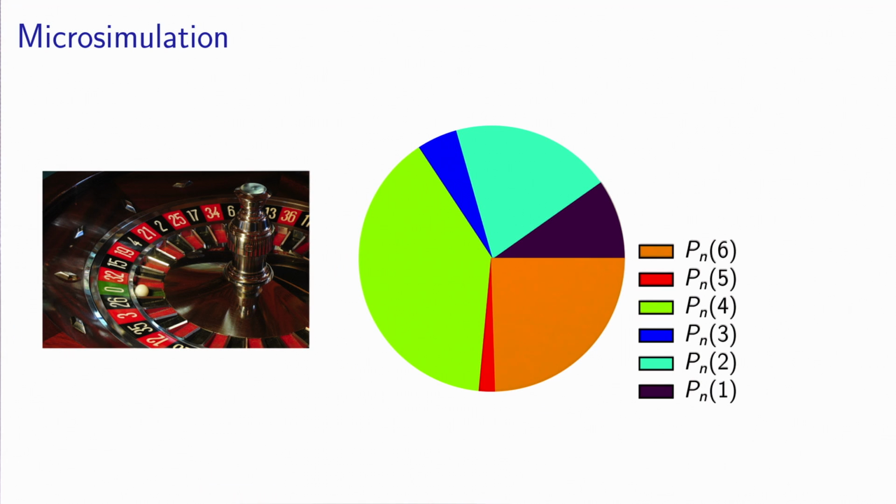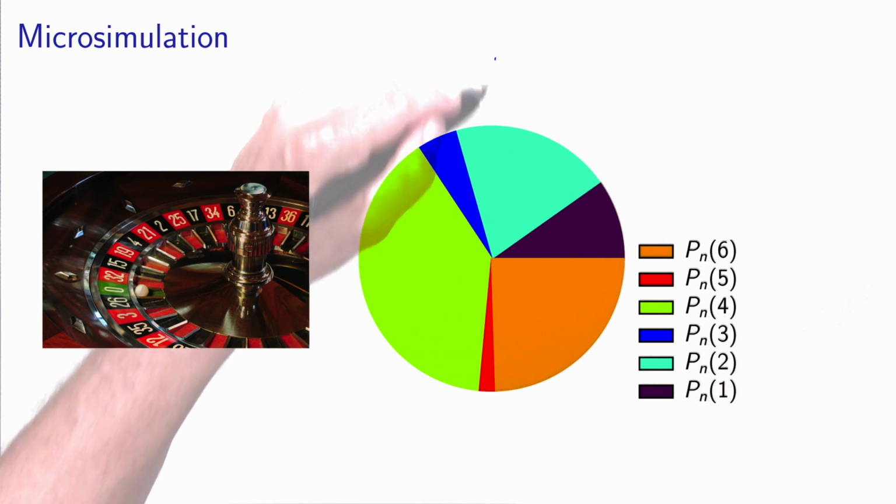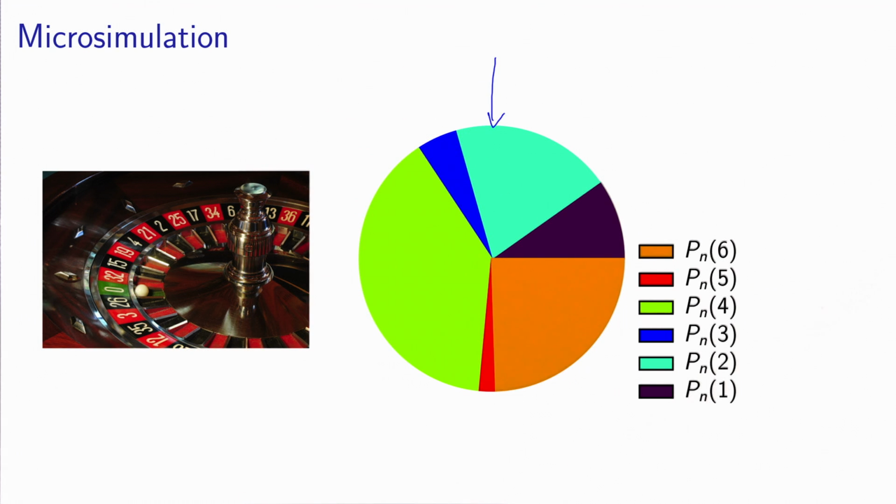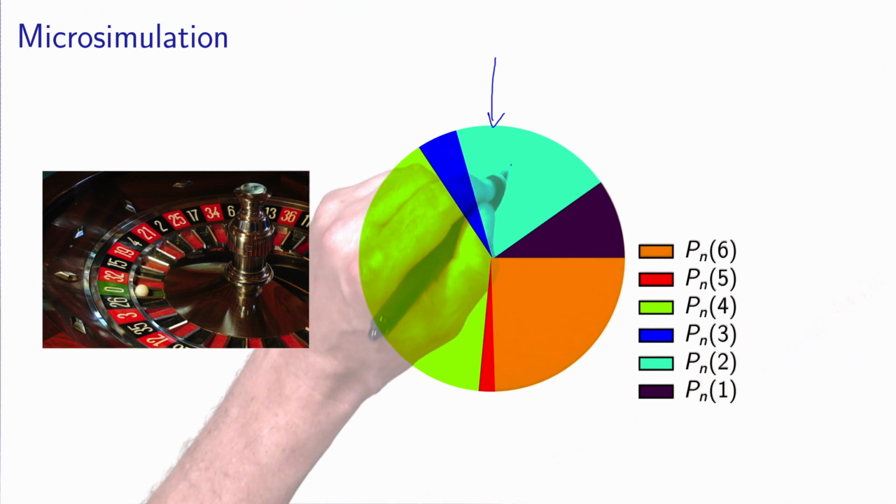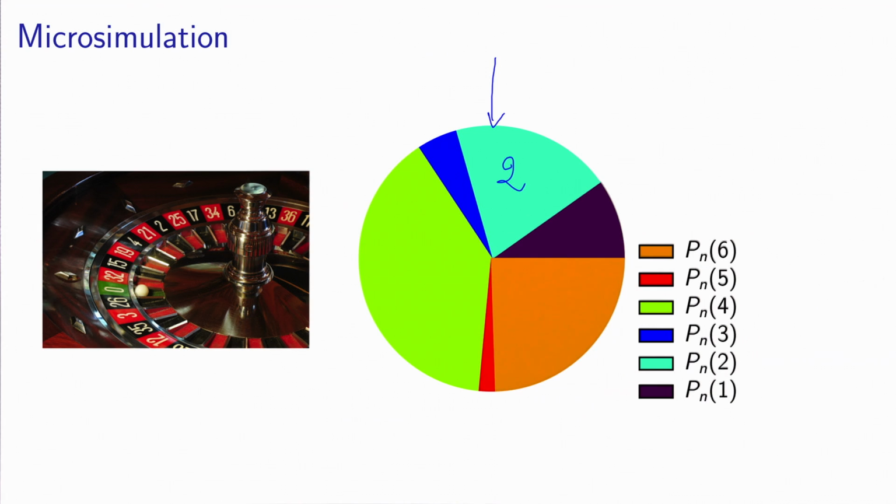So for a given individual n, we throw the roulette wheel, and depending on where the wheel stops, we decide that this is the alternative that this individual has chosen. In this special case, the individual is supposed to select alternative 2. This is the concept of microsimulation.